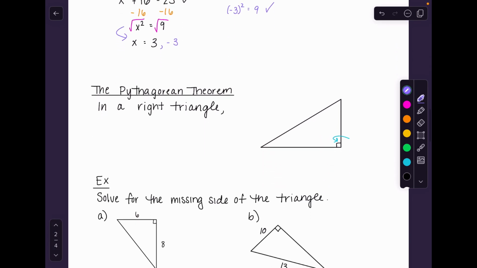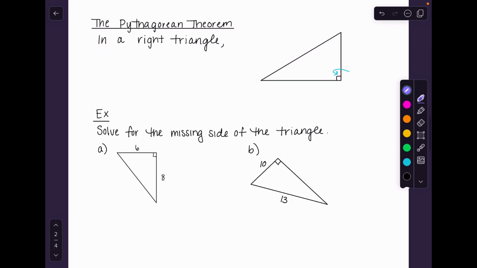One of our main applications of the square root is the Pythagorean theorem. Maybe you've heard this before, but if you have a right triangle, which means you have this right angle or 90-degree angle, then there's a nice relationship between the three sides.